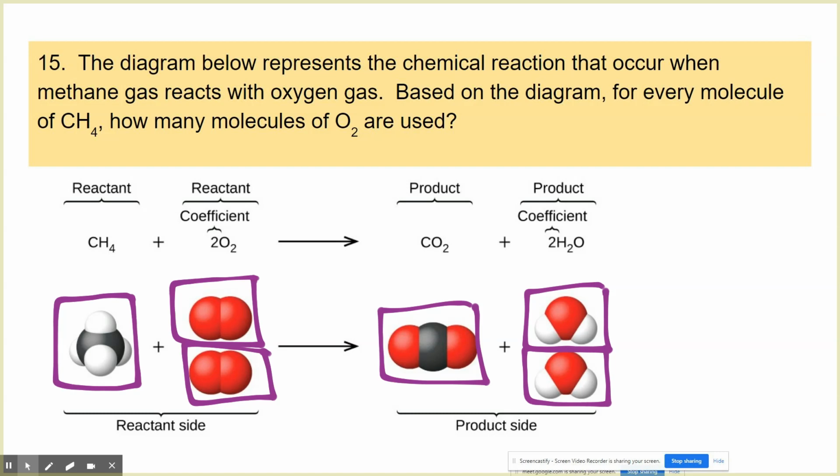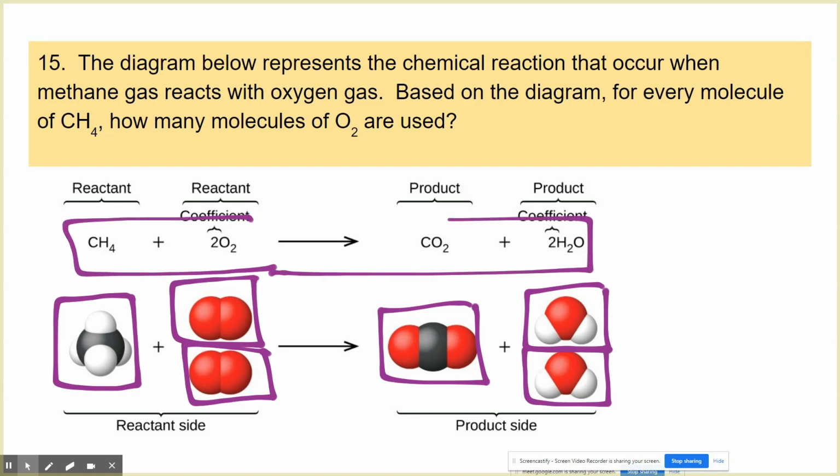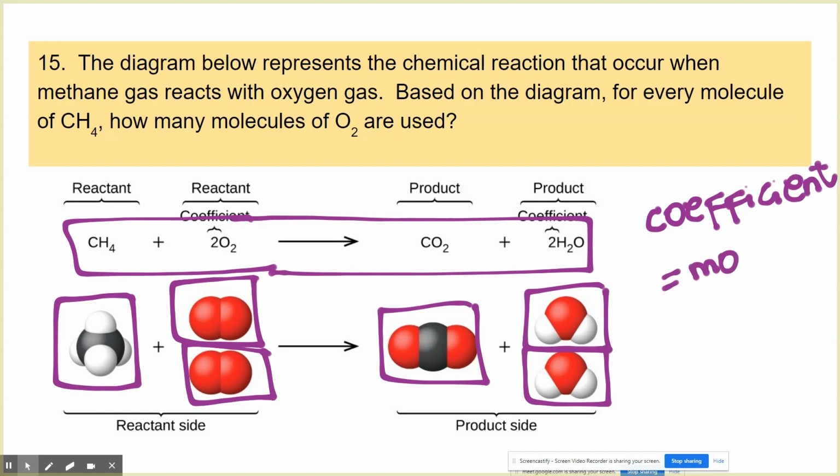See it? Or if you want, you can just look at the chemical equation, which is right here. How can you tell from the chemical equation? Remember, guys, the coefficient in a chemical equation tells you the number of molecules, or the number of moles, whichever is the one you're using.